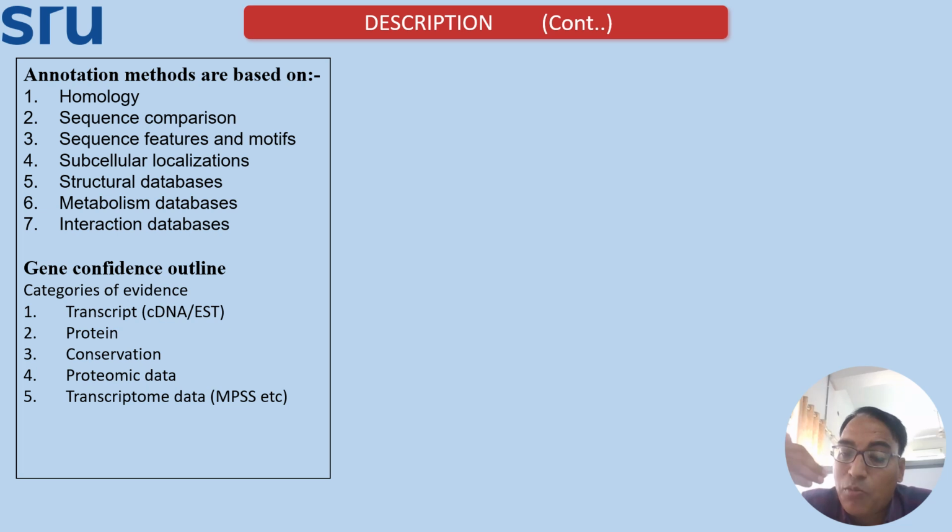But if you take more algorithms, transcripts, protein, conservation data, proteome data, transcriptome data, everything, and then also the protein function is found to be just one or two of them, then that implies these are most likely the functions there.